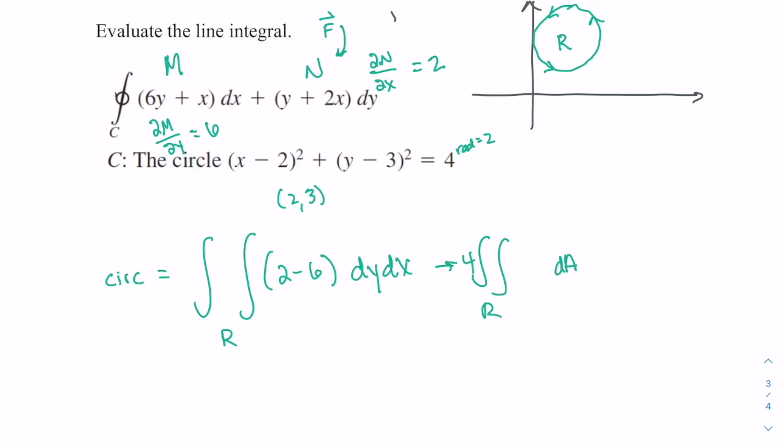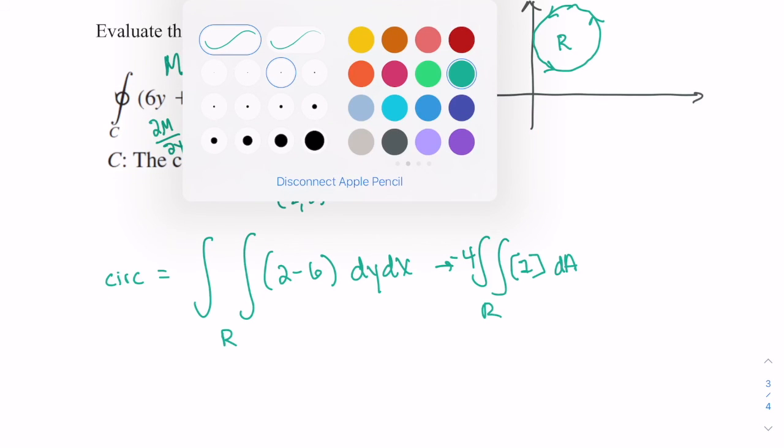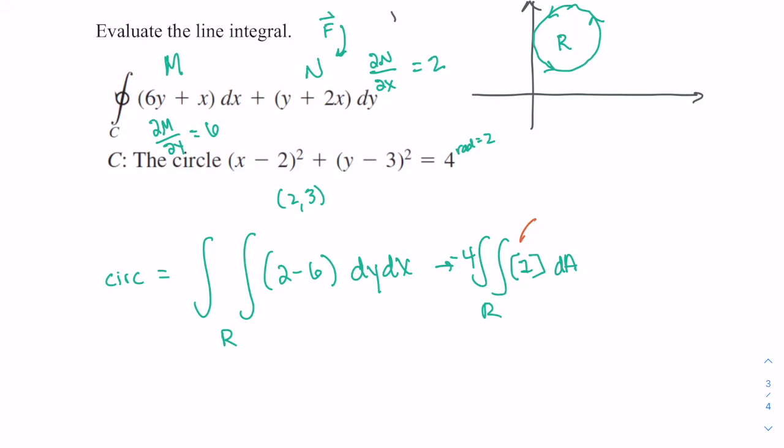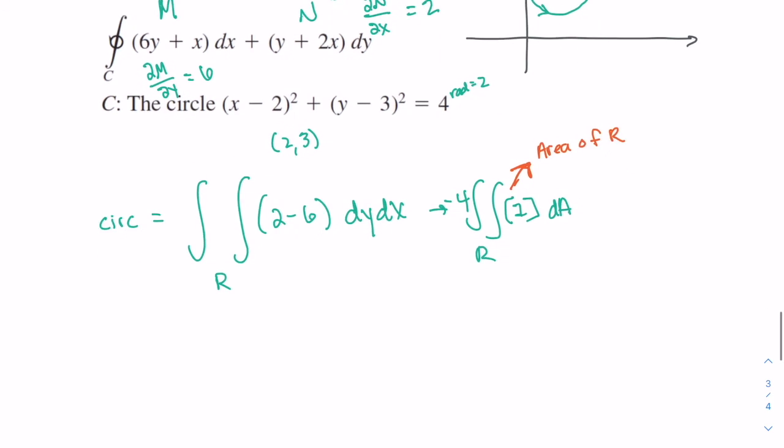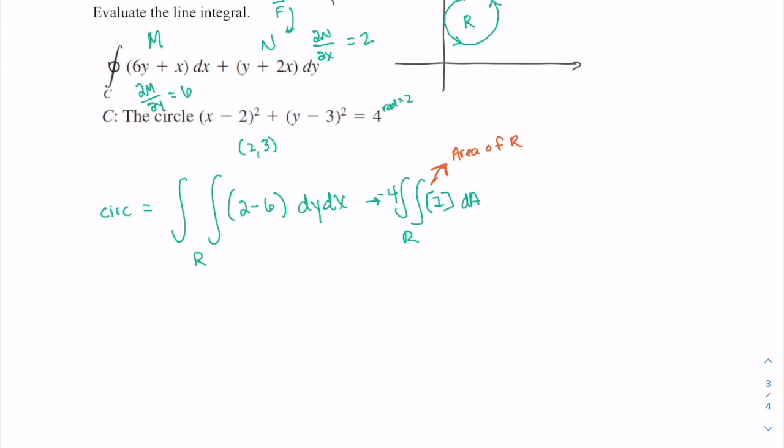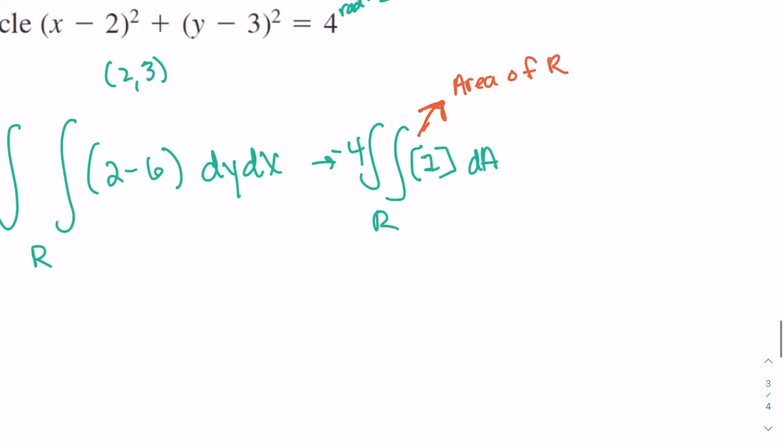So this is equivalent to negative 4 times the double integral over R of 1. And if you remember, the double integral of 1 is the area of R. So the circulation, this line integral, is really just equal to negative 4 times the area of our region, because we were able to pull the negative 4 out front as a leading coefficient, which left us with the double integral of 1.